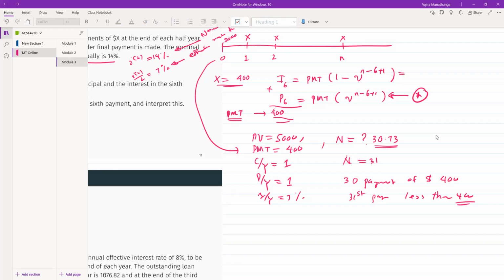So payment is going to be 400. P6 is 400 times v to the 31 minus 6 plus 1. What is v? v is 1 over 1 plus 7%, to the negative 31 minus 6 plus 1.